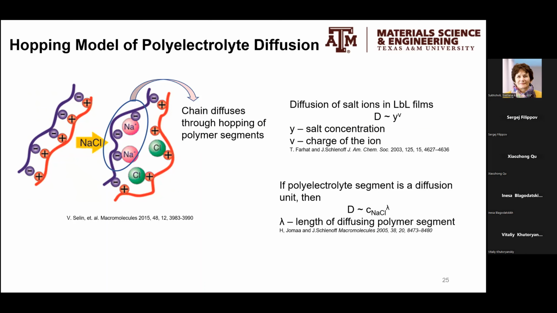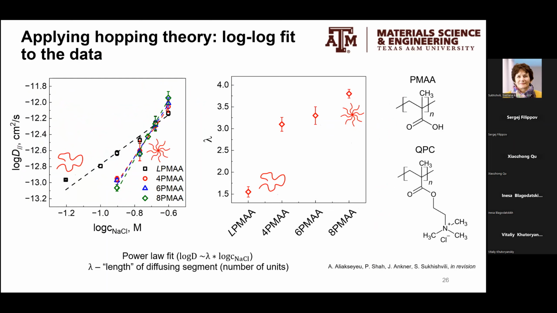We looked at how this model fits our data, and the fit was equally good, with a similar trend. The interesting thing is that you can recover lambda, or how many segments of polymer are hopping during salt-induced motion.